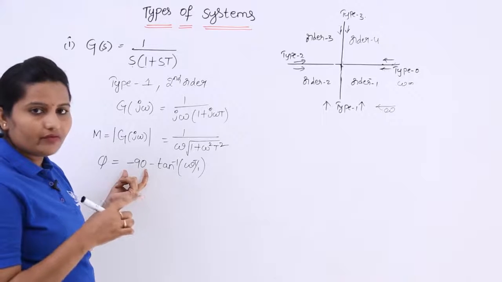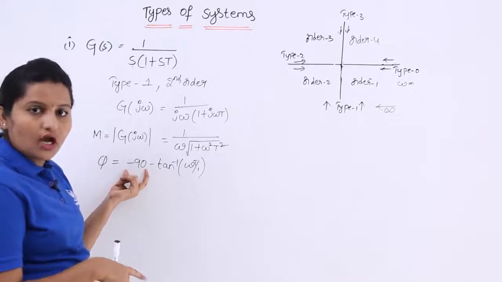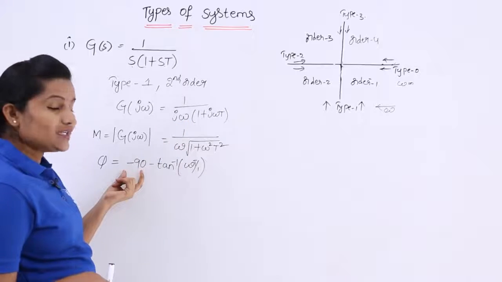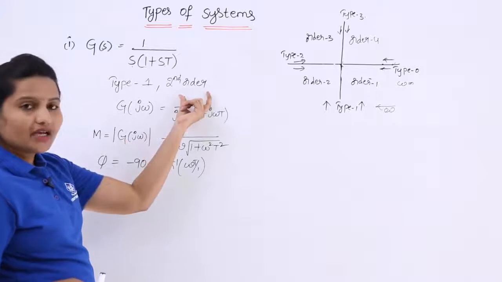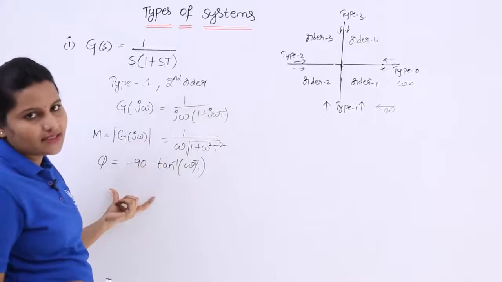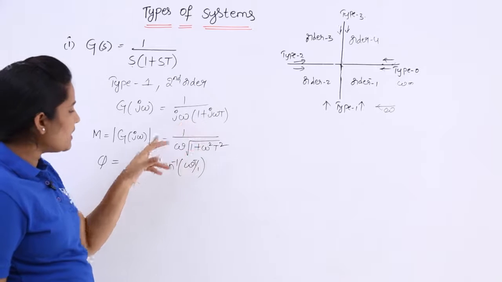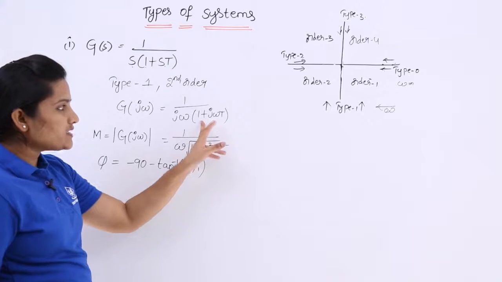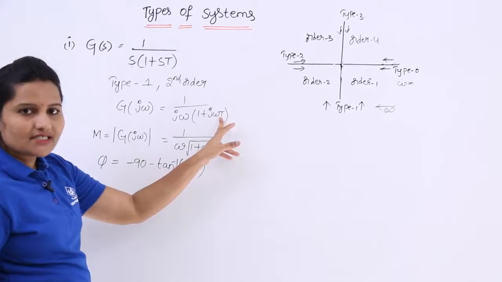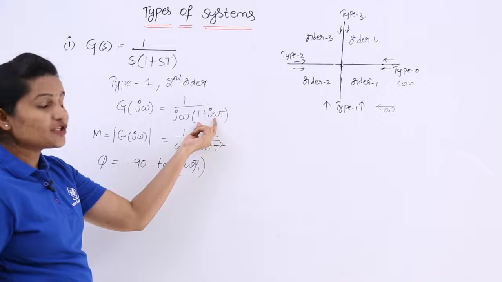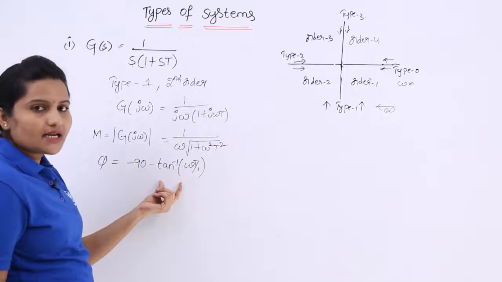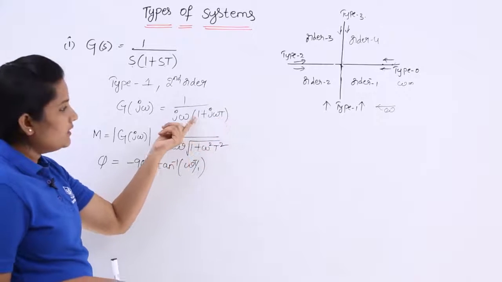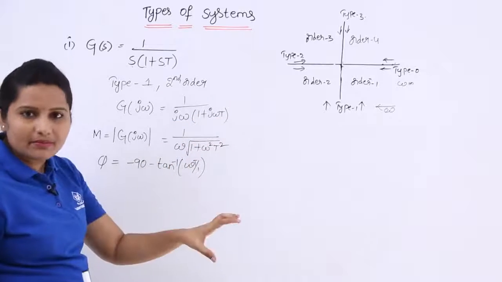We had classes about Bode plot also, where I told you that whenever you have j omega in the denominator, we consider minus 90, and if you have j omega in the numerator, then you consider plus 90. As you have j omega in the denominator, I am considering minus 90, and for 1 plus j omega T, the phase angle of this type of function is minus tan inverse of b by a, where b is equivalent to omega T and a means 1, in a plus jb.